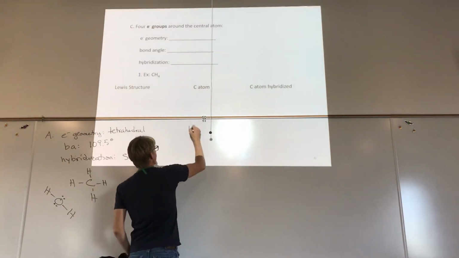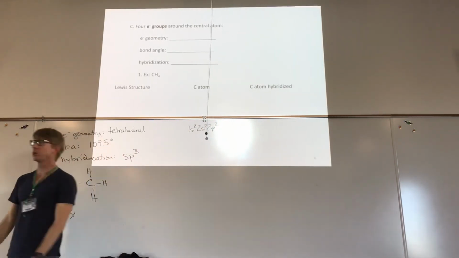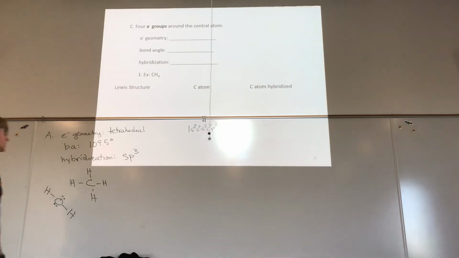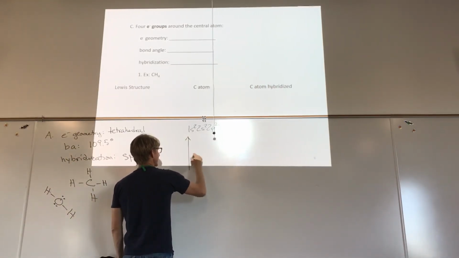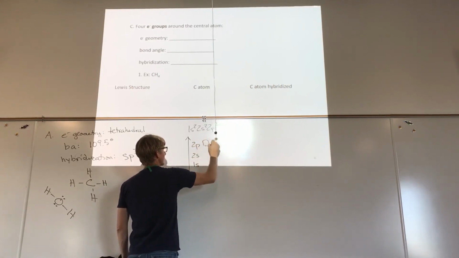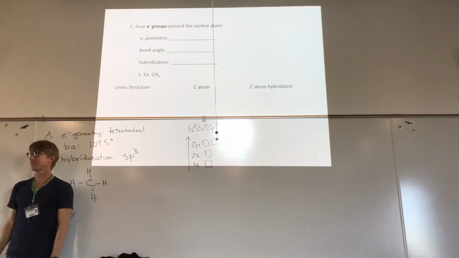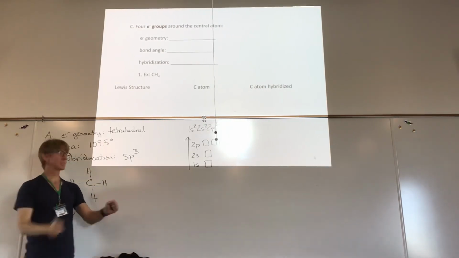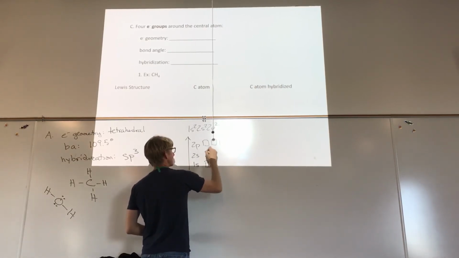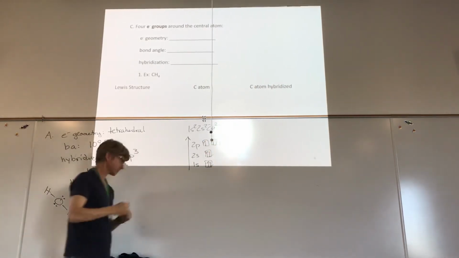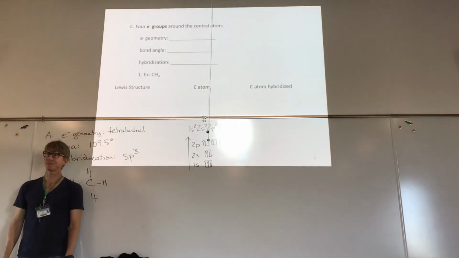Carbon atom. 6 electrons total, 4 valence electrons. So that's just plain old carbon.